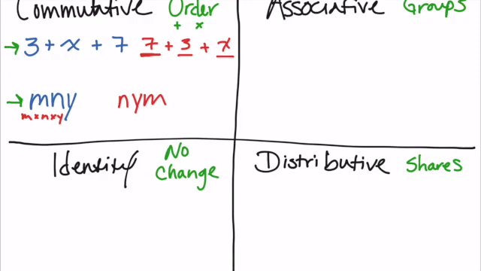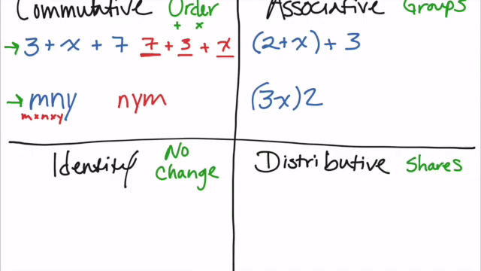Associative property. All right, so maybe we have 2 plus x plus 3, or maybe I have 3x times 2. Remember, associative property changes what is grouped.